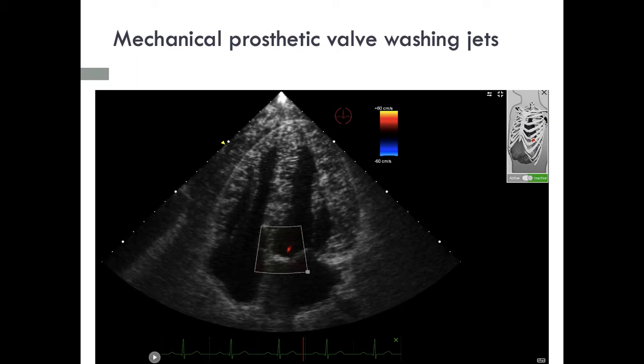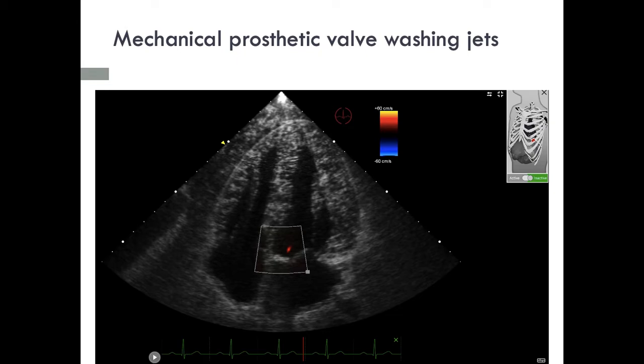So in diastole, when the valve is closed, you will see little tiny jets. You can see this small little flame of red coming back into the outflow tract, which is called a washing jet. And these small jets of blood wash the leaflets and prevent thrombus formation.